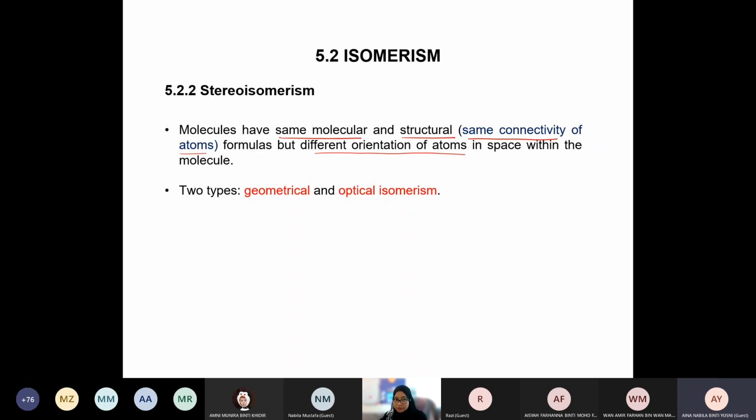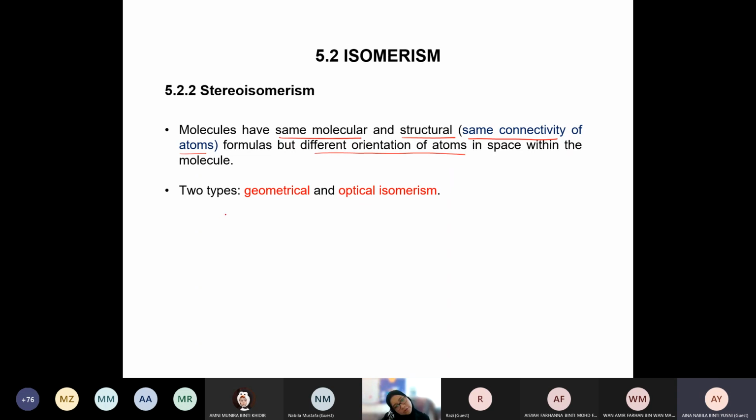Compared to constitutional isomerism earlier, the connectivity may be different. At first Br is located at carbon number 2, then another option has Br located at carbon number 3. For stereoisomerism everything is the same, exactly. It's just the way they rotate, or their orientation in space.